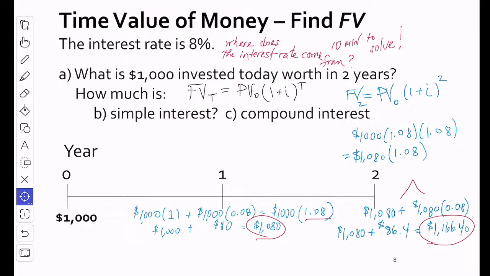So this is the basic time value of money formula that you will use for a lump sum accumulated for several periods. Questions, comments? Okay, so it'll always be like that.